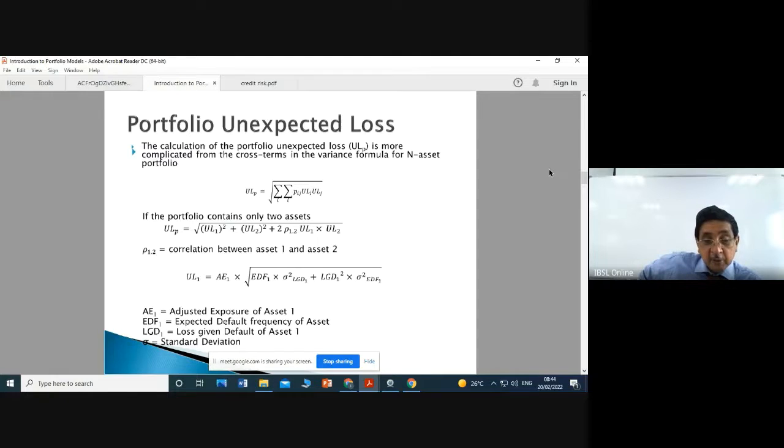Now I will show you how you can deal with the formula when the number of assets in a portfolio increases. That's an important thing to learn, because sometimes you might even be in a position to check the validity of your software package if you know these things. Right, now I will show you on the board.